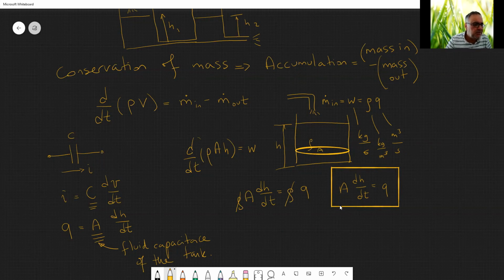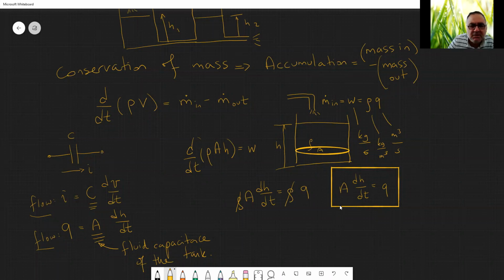In electrical capacitance, the current is equal to C times dV/dt. Here, the flow, which is the flow variable, as you know, Q, is equal to capacitance, which is the area of the tank, times change in height, which is analogous to change in voltage.